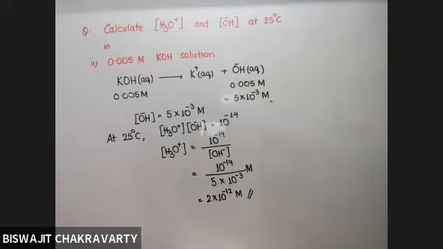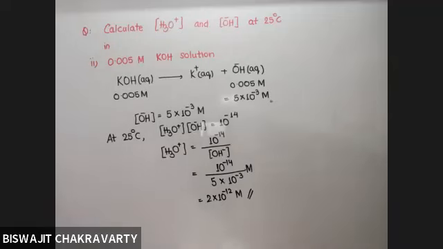After understanding the concept of hydronium ion concentration and OH- concentration, we come across the fact that for pure water, acidic water or basic water, the concentration of H3O+ or OH- is very, very small, in the range of 10 to the power minus something. These values are not convenient for calculation.